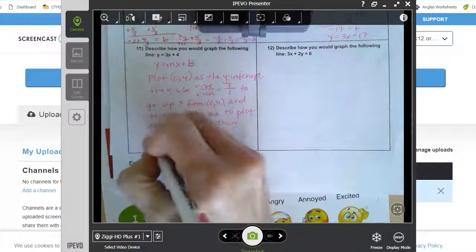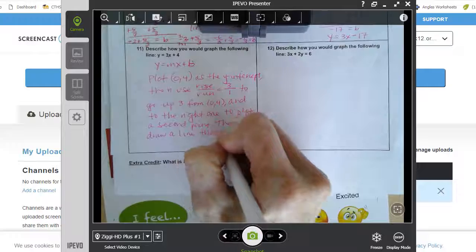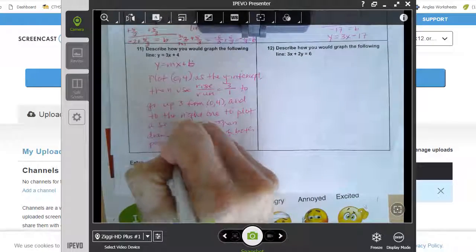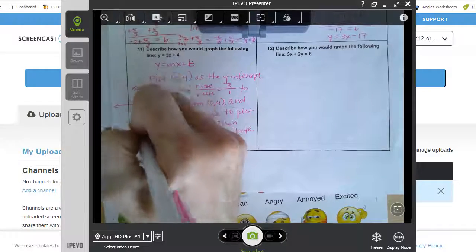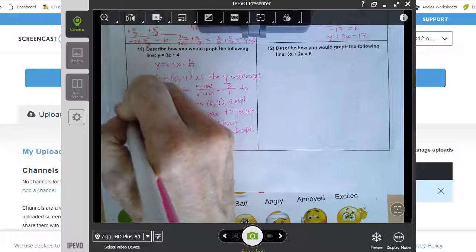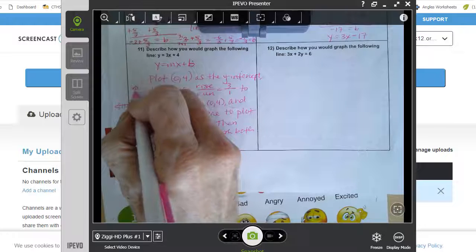Then draw a line through both points. If I wanted to be extra diligent, I could show that. Here I am at 0, 1, 2, 3, 4.